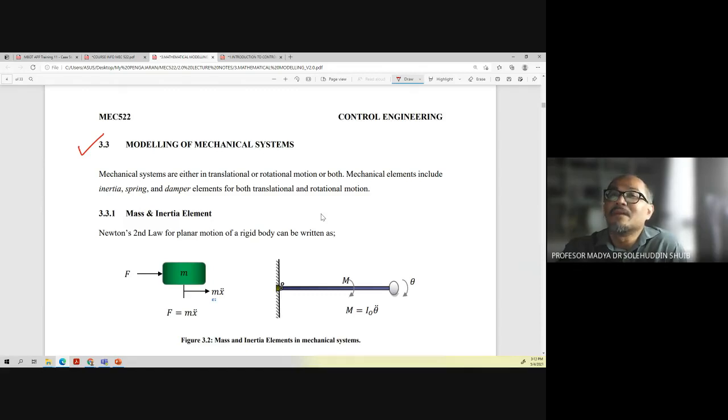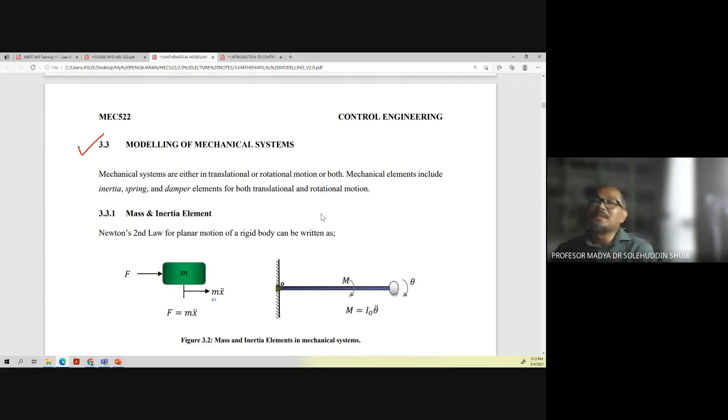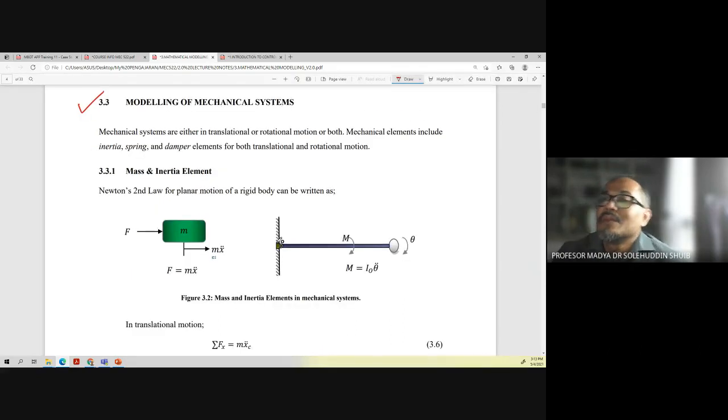So we start with the one we're familiar with, which is the mechanical system.